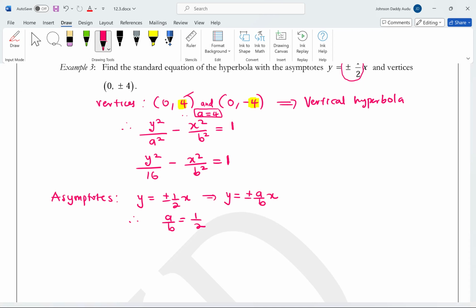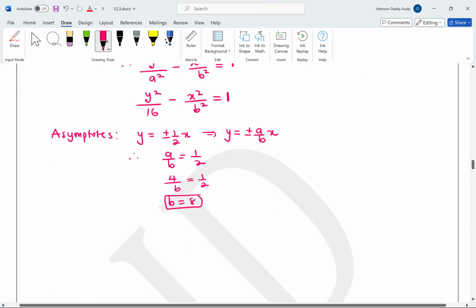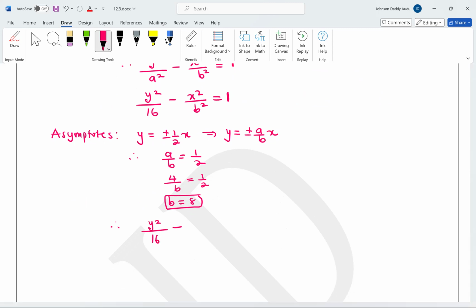And we know what A is already. A is 4. So you have 4 over b equals half. And that means that b is equal to 8. So therefore, you will have y squared over 16 minus x squared over b squared, which is just 64, equals 1.